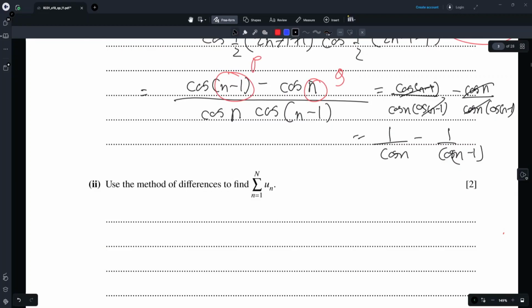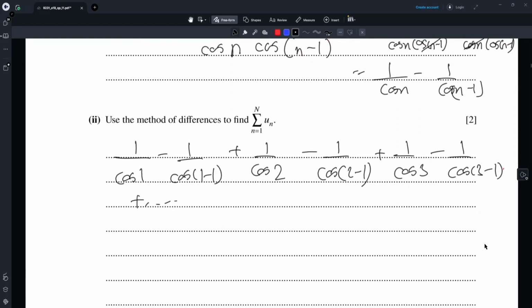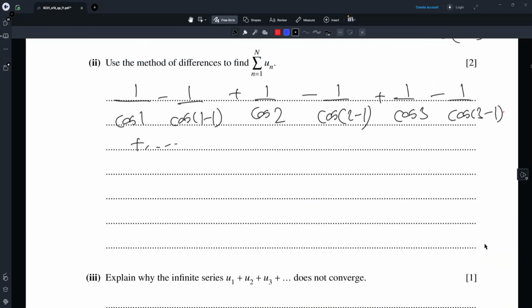So next up, we have using the method of differences to find this one. Easy. It means that I need to write down 1 by cos 1 minus 1 by cos 1 minus 1, plus 1 by cos 2 minus 1 by cos 2 minus 1, plus 1 by cos 3 minus 1 by cos 3 minus 1, plus dot dot dot. The trick is to write down as much as I can.